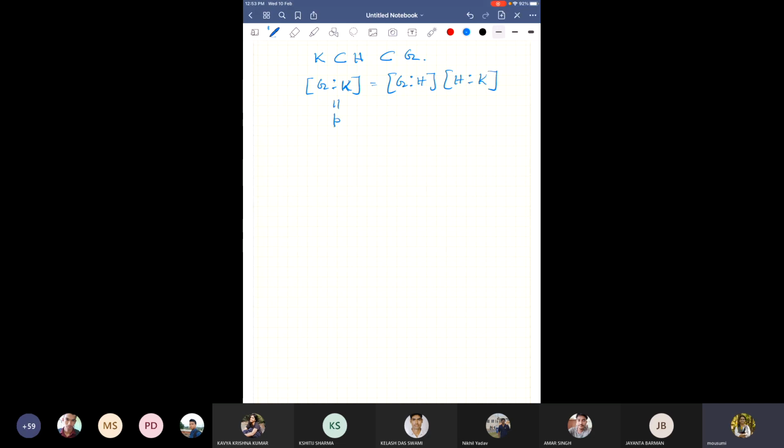This is equal to P, and this is equal to P. Therefore, [H : K] is equal to 1, which implies that H has to be equal to K. Therefore, H is a normal subgroup.